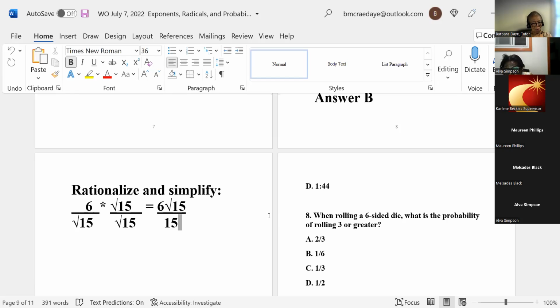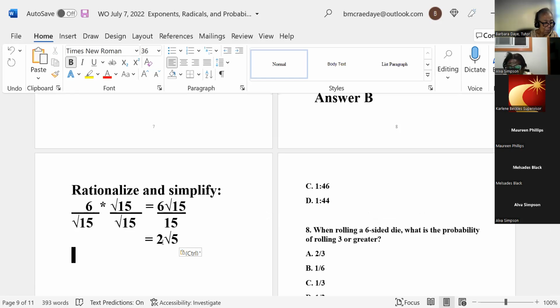No, Alva, you're on the right path. You divide the 3 into the 6 and the 3 into the 15. And what do you get, Alva? What's 3 into the 6? Well, I know that 3 into 6 would be 2. Okay, so that would be 2. And 3 into 15 would be 5. Okay, there we go.